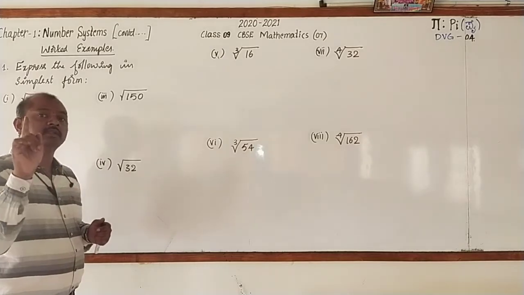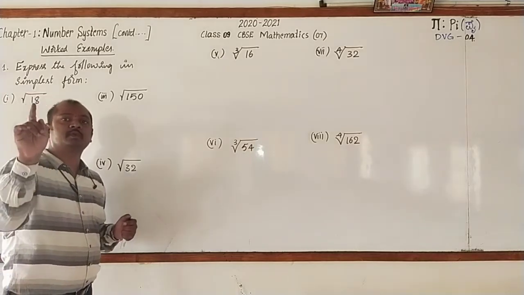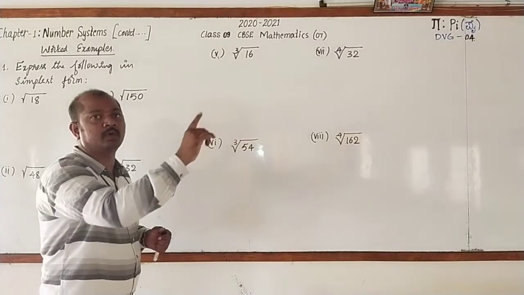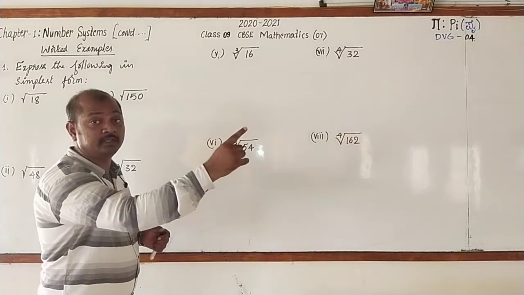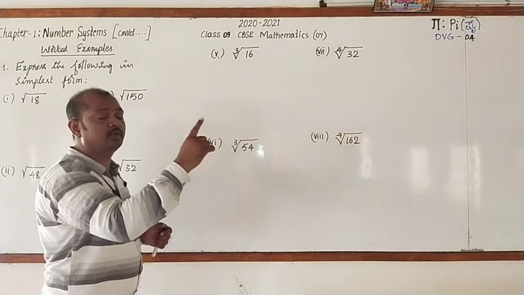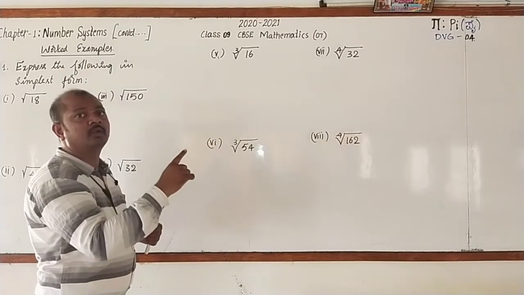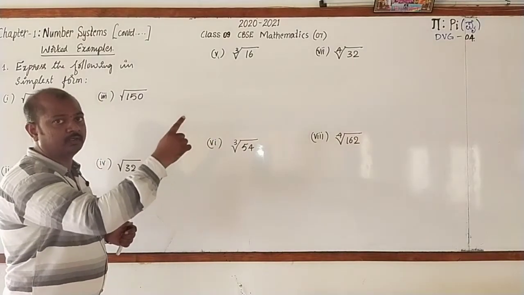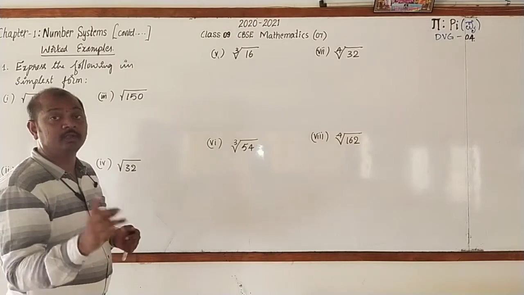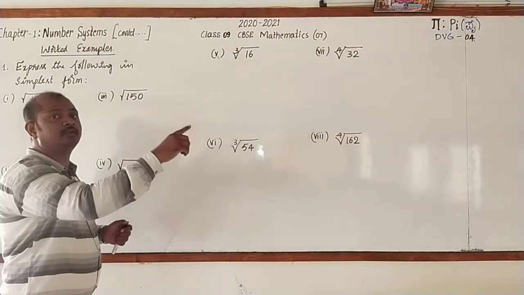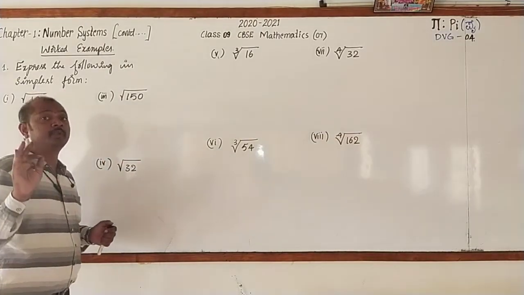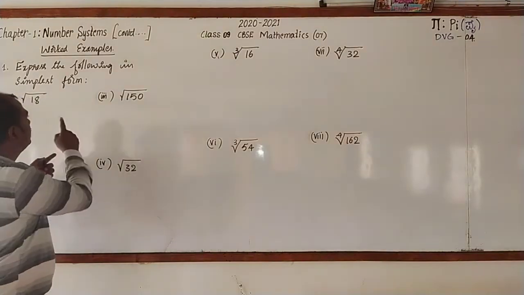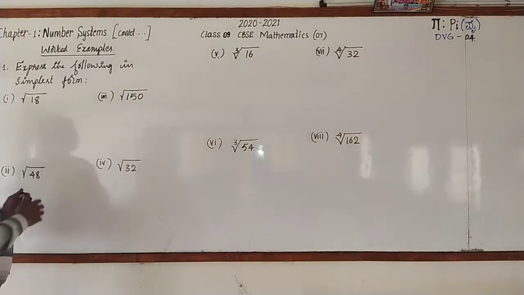Like this. Even cubes of the numbers from 1 to 10: 1 cube is 1, 2 cube is 8, that is 2 into 2 into 2, 10 cube is 1000, 10 into 10 into 10. Okay, please learn this.